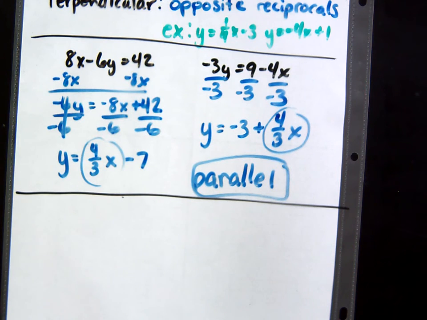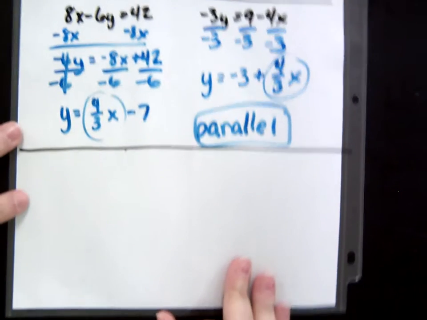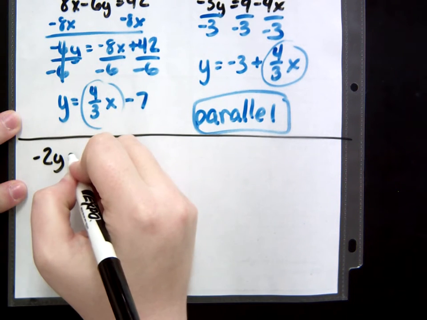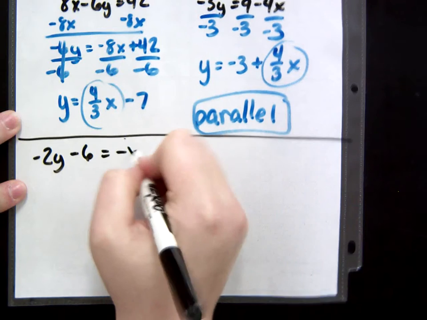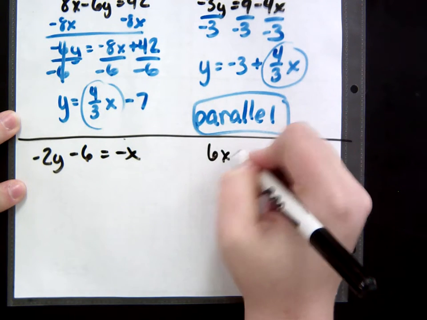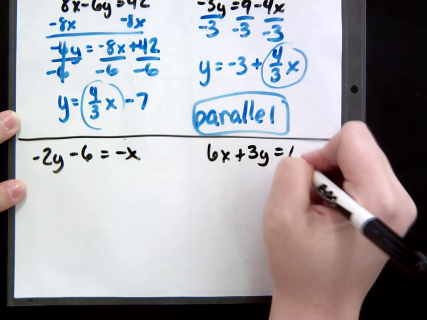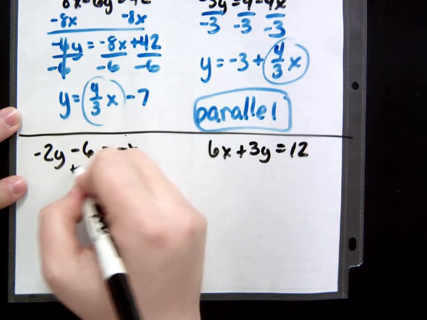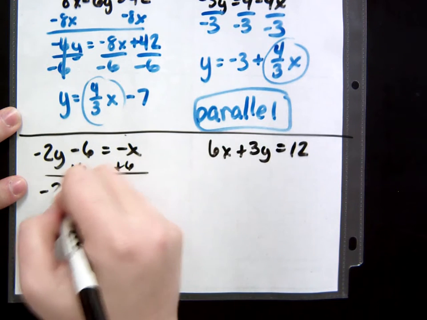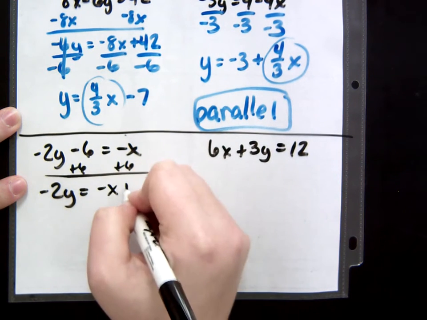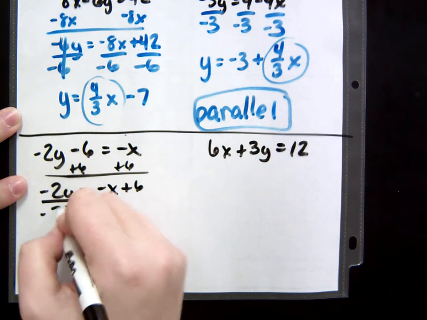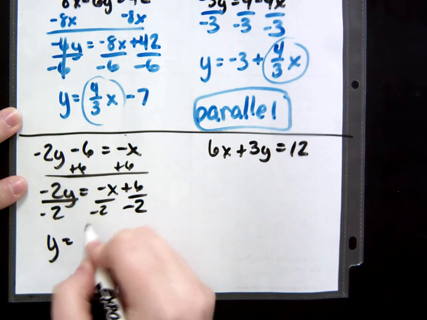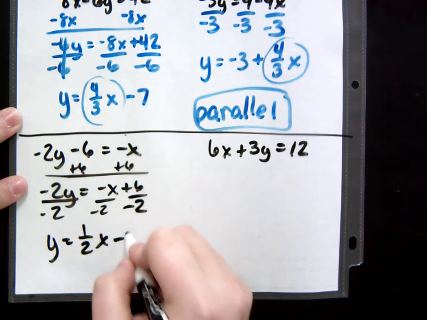So let's look at an example where they are perpendicular. Okay, if we have negative 2y minus 6 equals negative x, and 6x plus 3y equals 12. I'm going to start by adding 6 on this one, which gives me negative 2y equals negative x plus 6, and then I divide everything by negative 2, which gives me positive y equals positive 1/2 x minus 3.